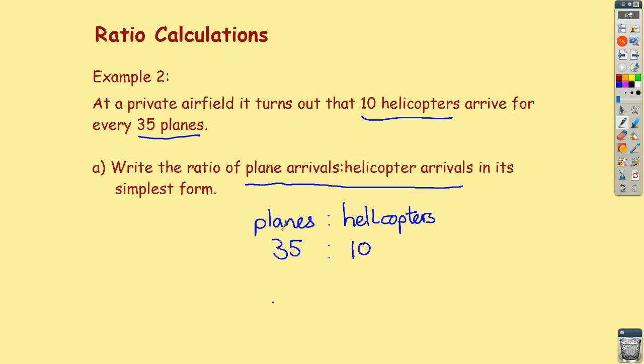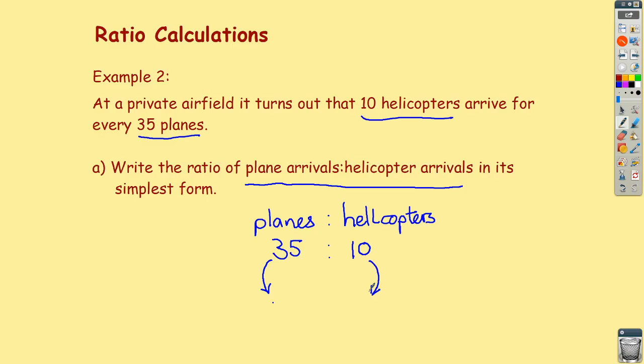Now we've figured out what this ratio is, but in order to finish the question, they want it in its simplest form, okay? So we're going to have to do what we did in that first quick little example, and we're going to have to ask ourselves, what's the common factor? What's our highest common factor, okay? Pause the video if you like. I'll give you a couple of seconds and we'll go over exactly what that is.